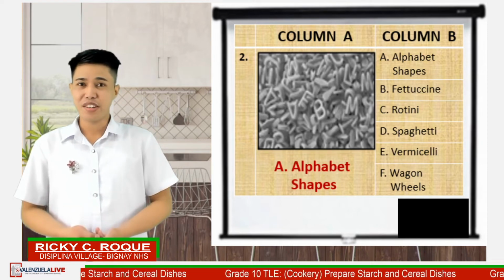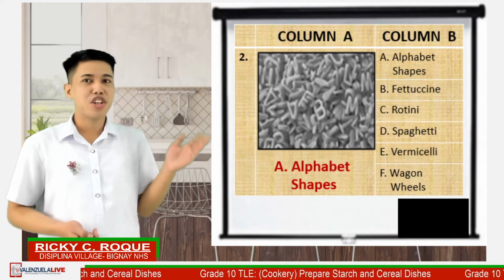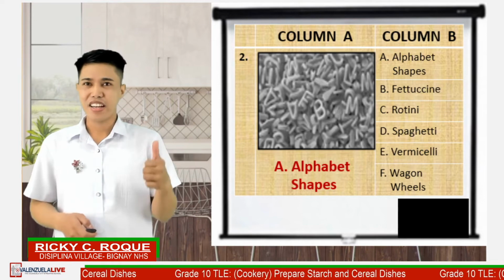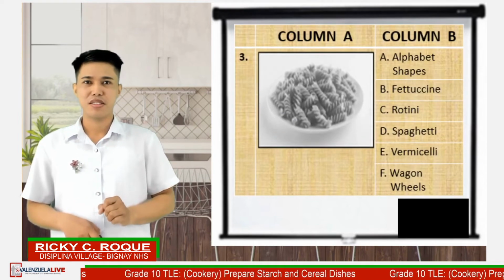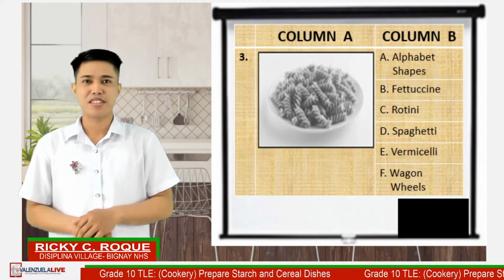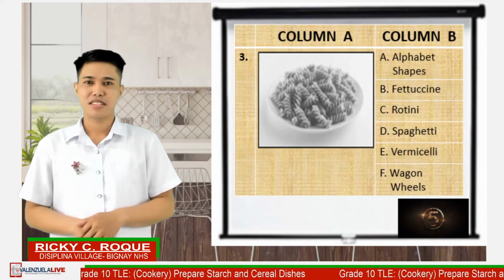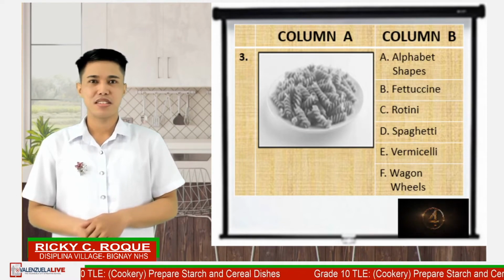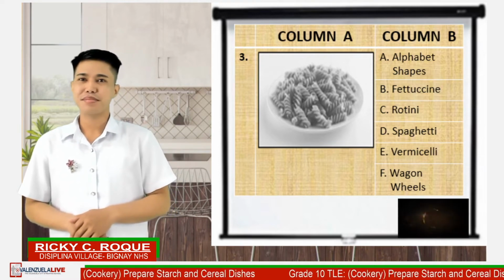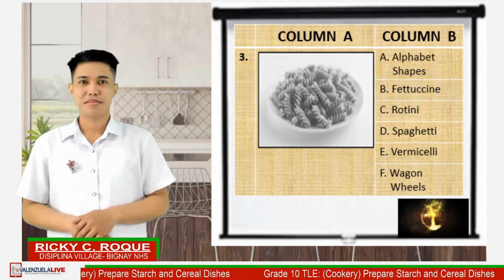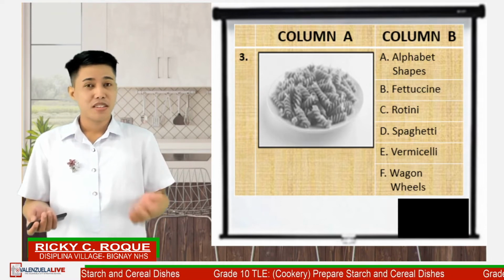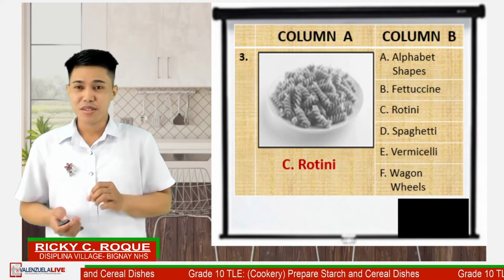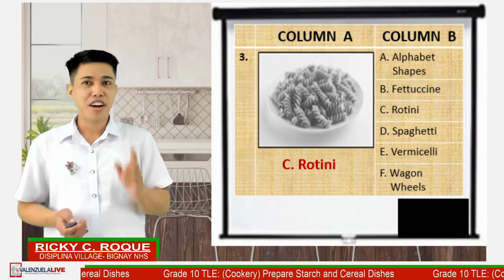So the correct answer is alphabet shapes. Nice. Number 3, for 5 seconds. Great. The answer is rotini, letter C.